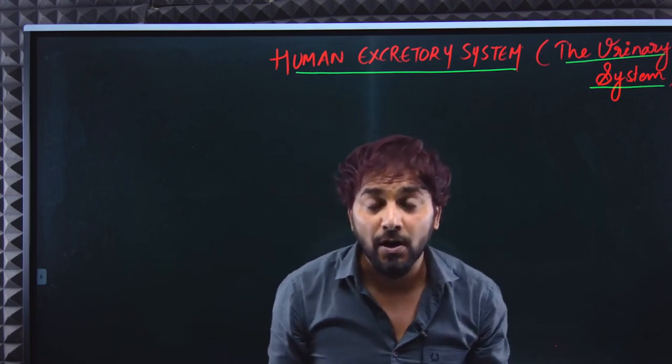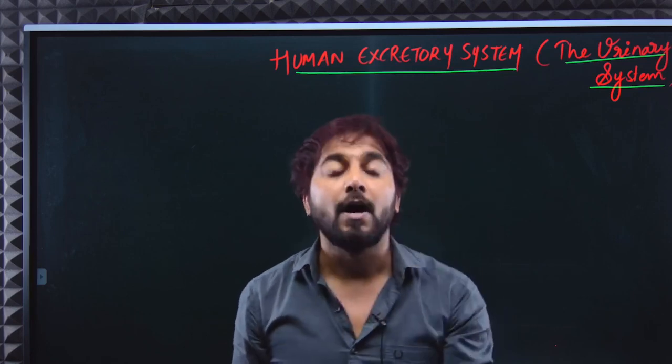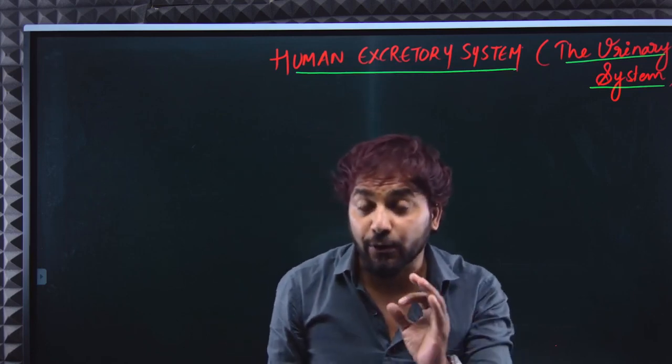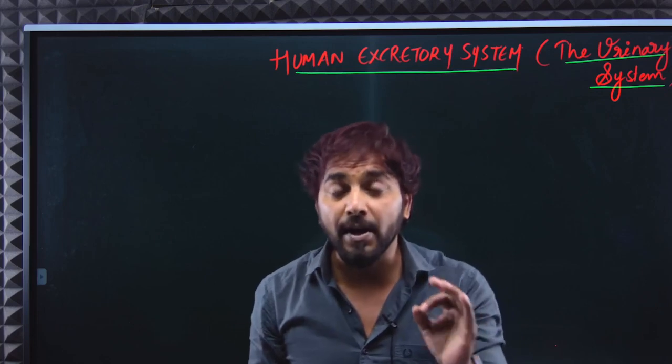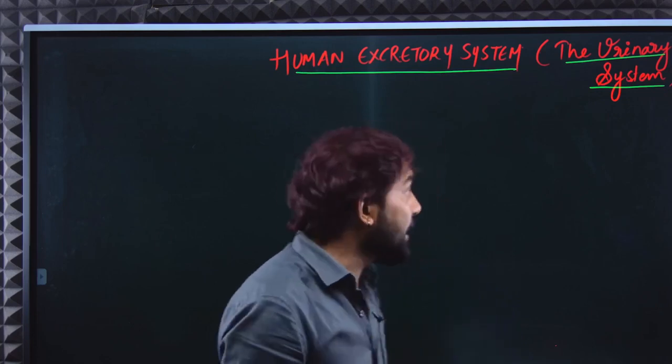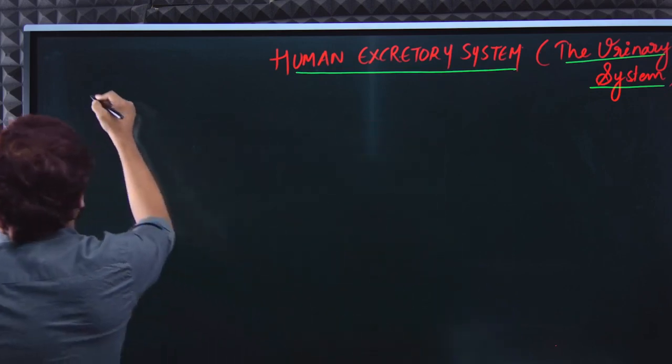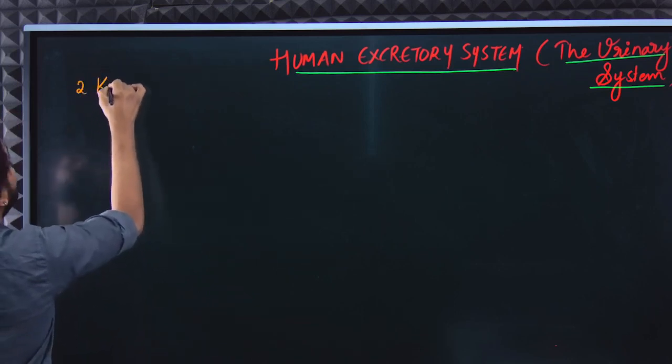In today's session we are going to see in short about the human excretory system, that means the human urinary system. ओके अगर हम यूरिनरी सिस्टम की बात करें तो हमारे यूरिनरी सिस्टम में क्या है, दो किडनीज है.